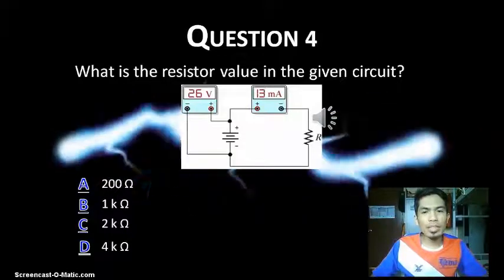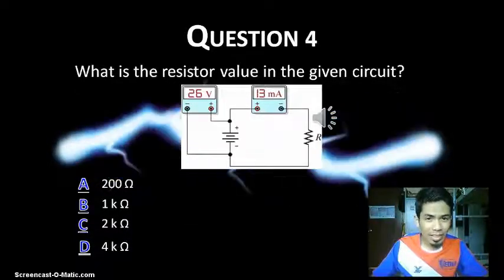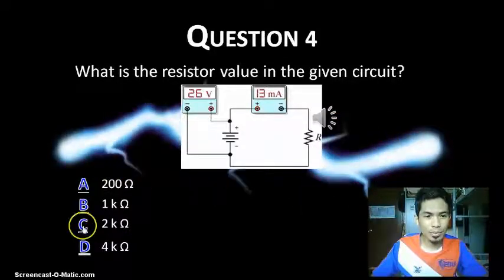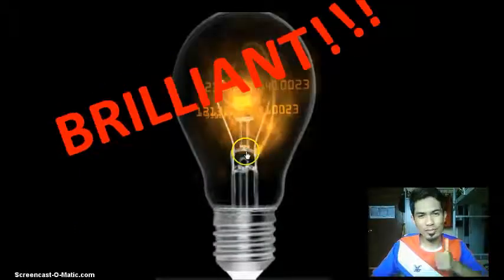What is the resistor value in the given circuit? 26 divided by 13. 2. Right. Good.